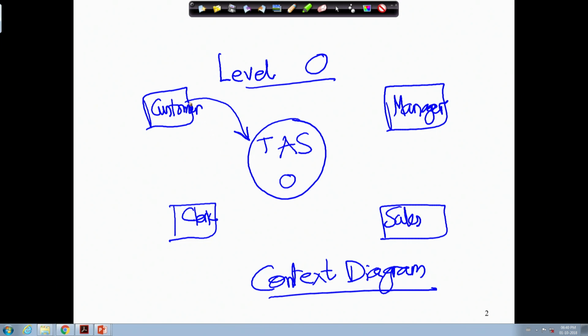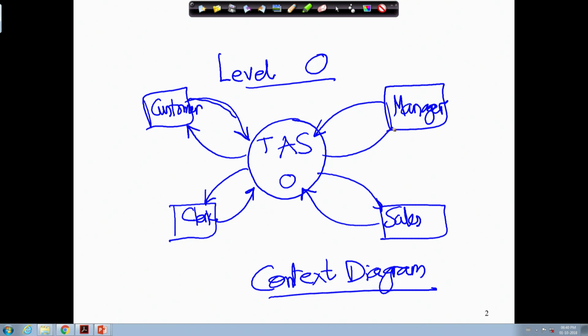What type of data each of them inputs here, we represent using an arrow, and what data they receive, that we represent here. So, basically the level 0 DFD captures the different users and what data they input to the software and what data they get from the software. And then based on the level 0 diagram, we develop the higher level DFDs.